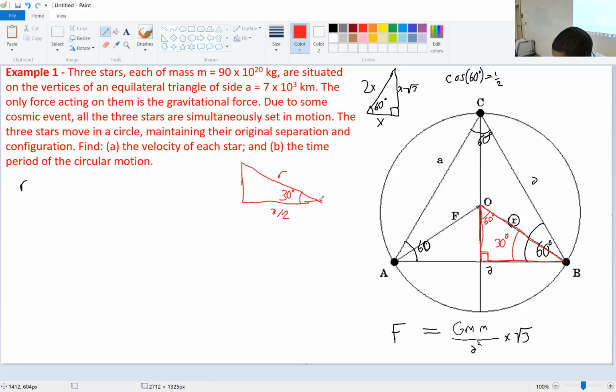And so if this is A/2, and again, just kind of use this for reference, then this is going to be whatever this is divided by square root of 3.